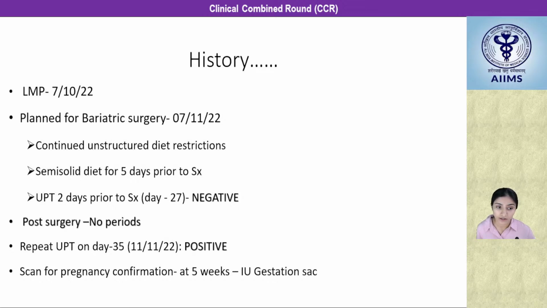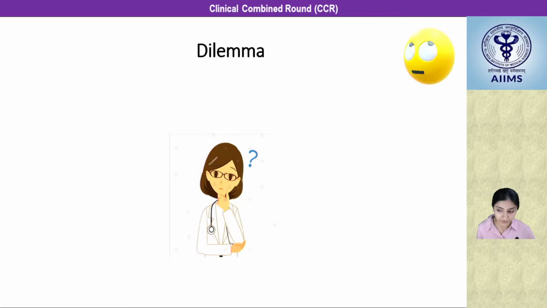Post-surgery, patient did not get her periods, and as her cycles were regular, she repeated her UPT, which turned out to be positive. The scan for pregnancy confirmation was done at 5 weeks of gestation, which showed an intrauterine gestational sac. Now comes the dilemma.